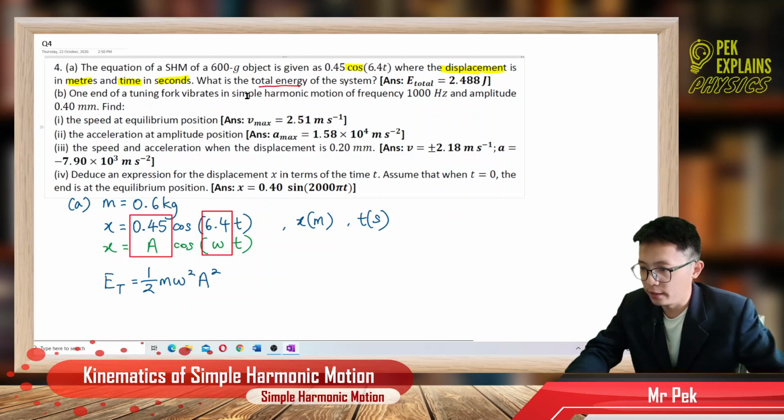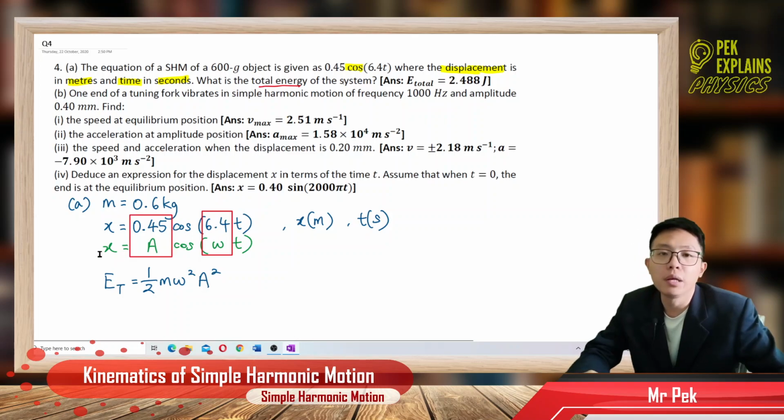This is about the displacement equation. Mass is given as 600 gram, which is also 0.6 kilogram. The equation is a displacement equation, so I compare it with the general formula for displacement using cos, a cos omega t.